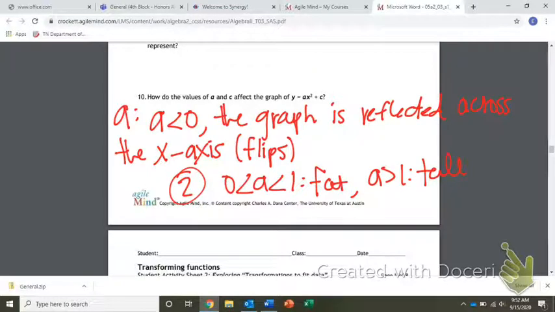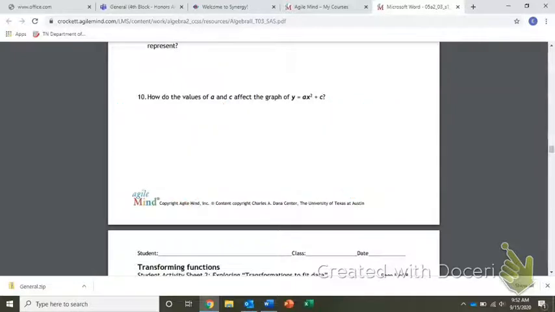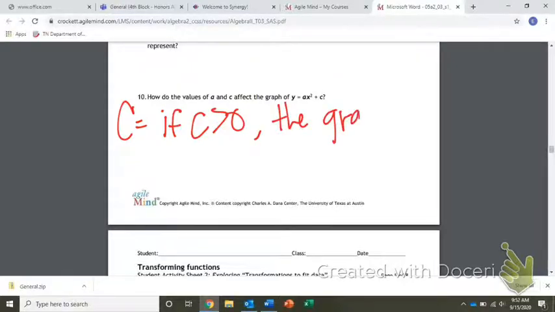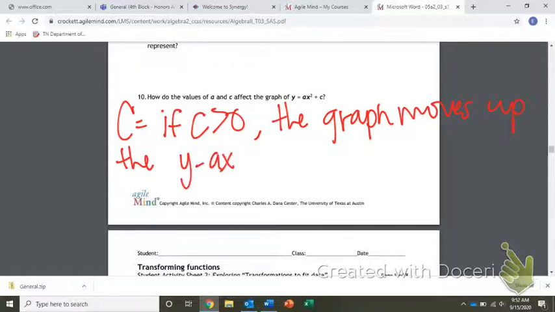All right. Now we're going to talk about C. And remember, C is the easy one. So, C, if C is greater than 0, meaning it is positive, the graph moves up the y-axis.